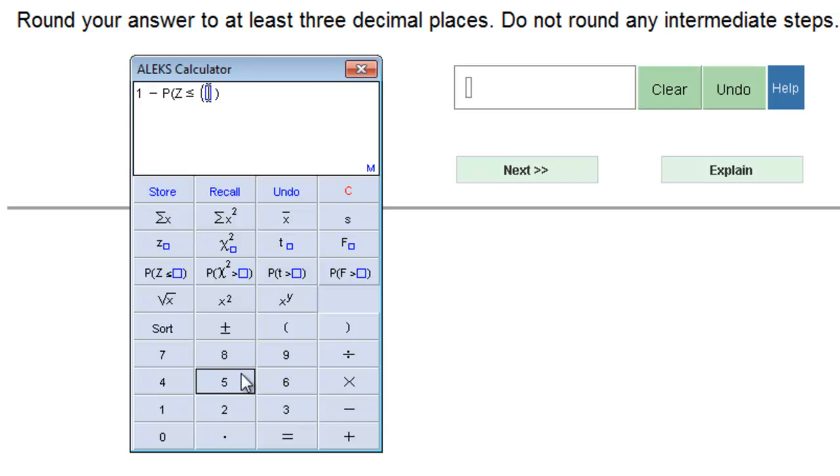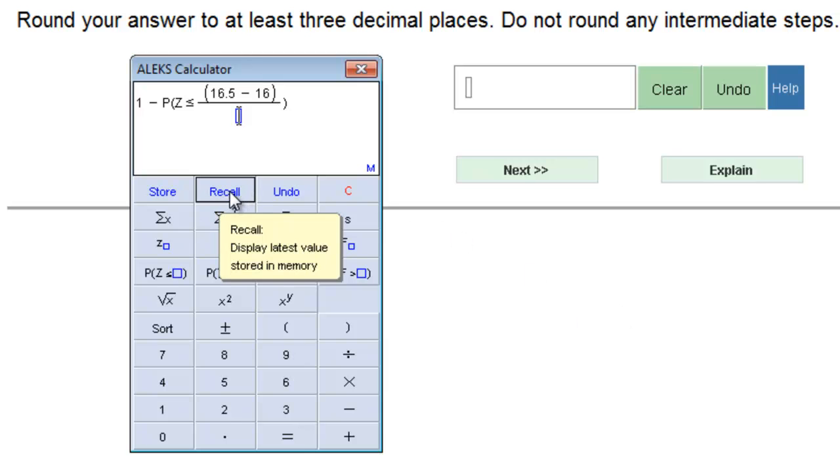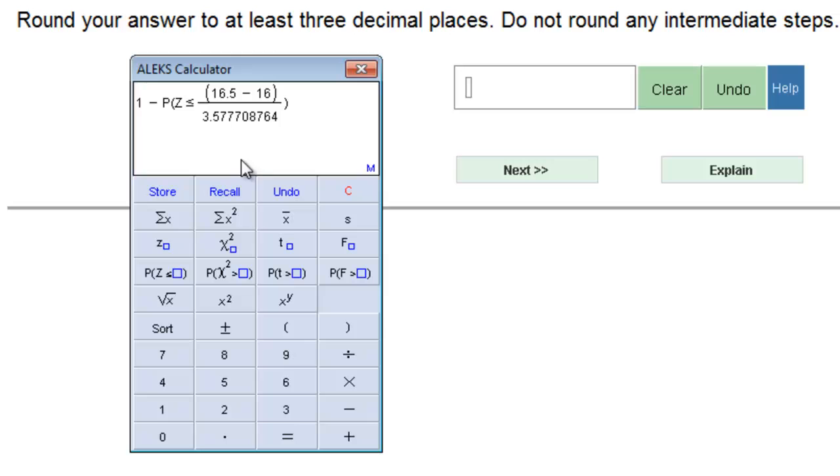So I'm going to do 16.5 minus, what was my expectation? 16, close that parenthesis, divided by, recall, 3.57. Okay, and that'll give it to me. This will find me the z-value for 16.5. This will find me the probability, or the area under the curve to the left of 16.5. And so subtracting that from 1 will give me the area to the right.